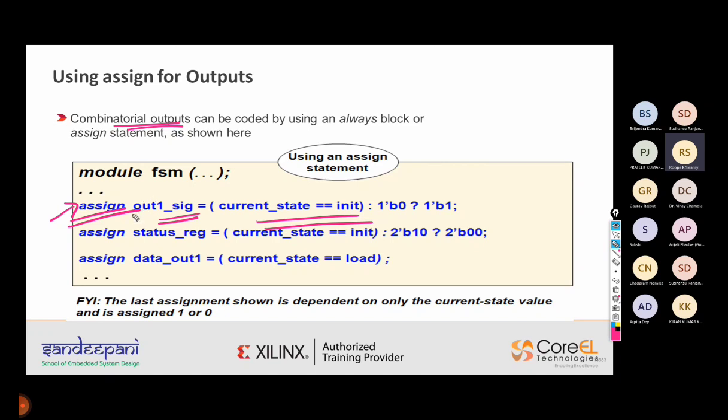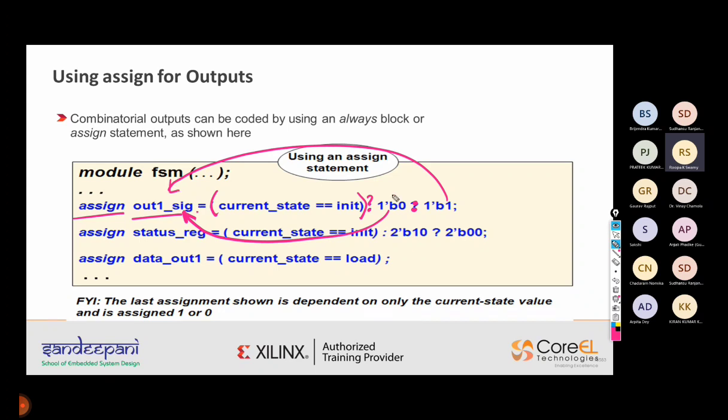Here what we are doing is assign out signal is equal to, I'll check the condition whether the current state is equal to init. If it is true, then I'll have output as 0. If not, output will be 1. So in all other cases, output will be 1.